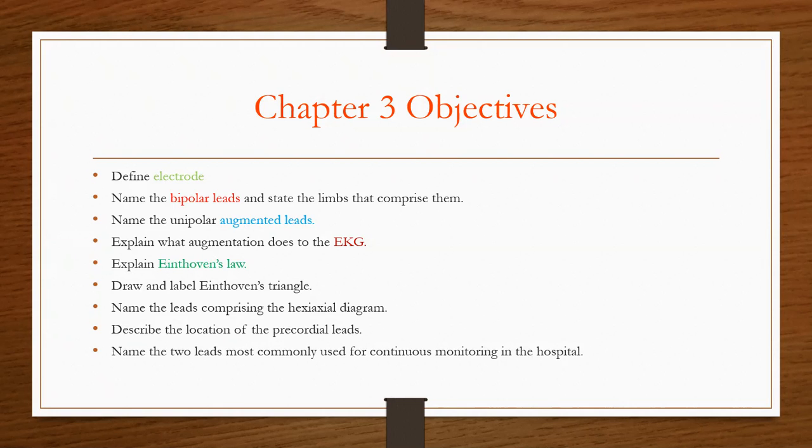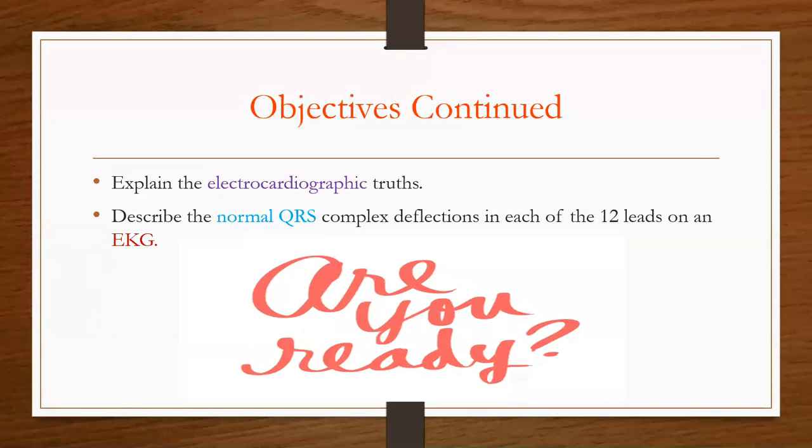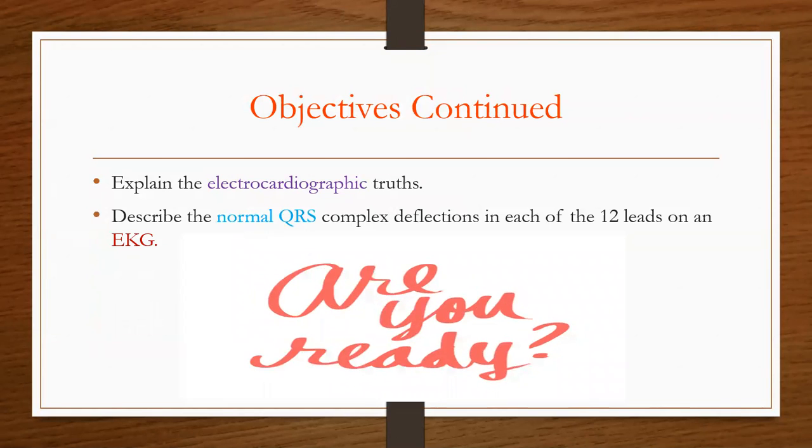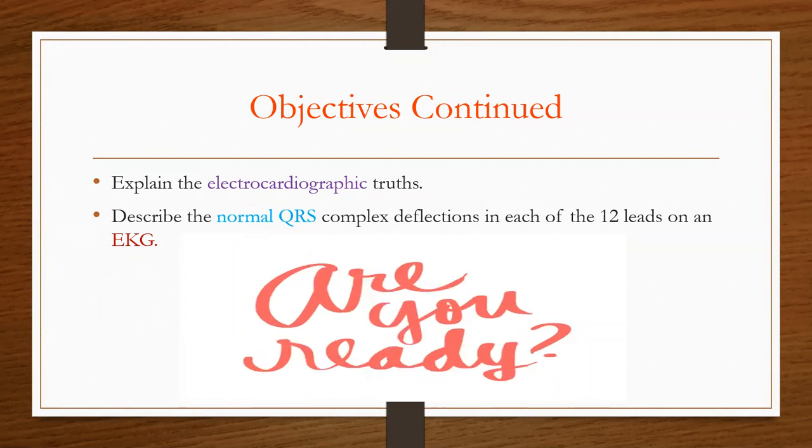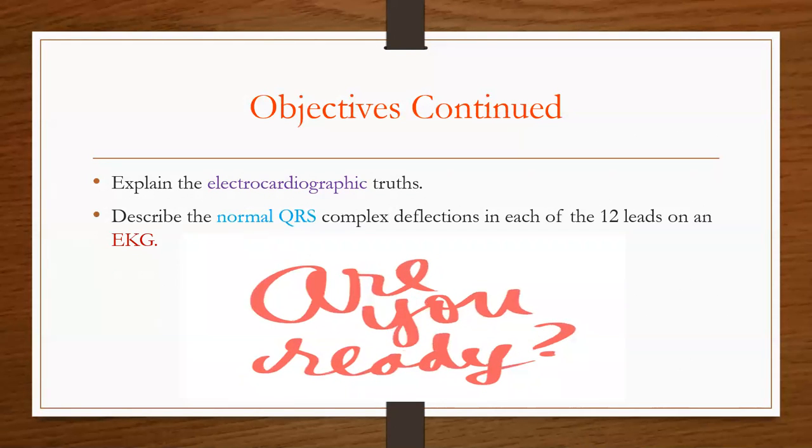Also the hexaxial diagram. And then we're going to stop there with our lecture for today, and we'll pick up tomorrow with the precordial leads. So let's get started for today.